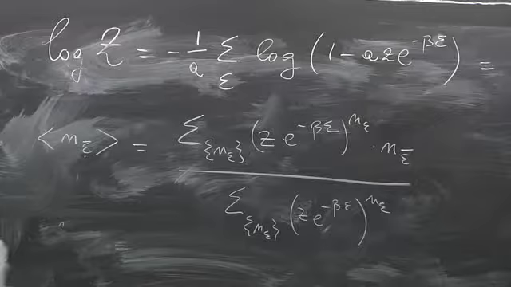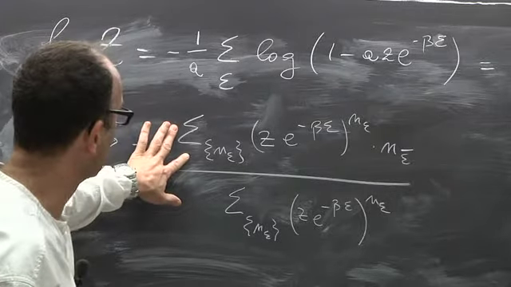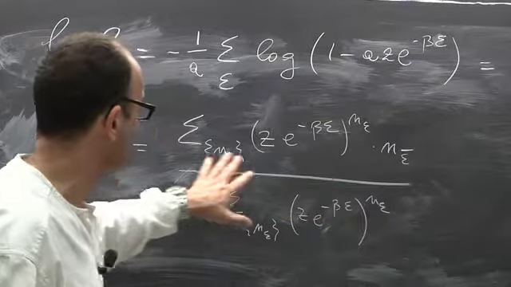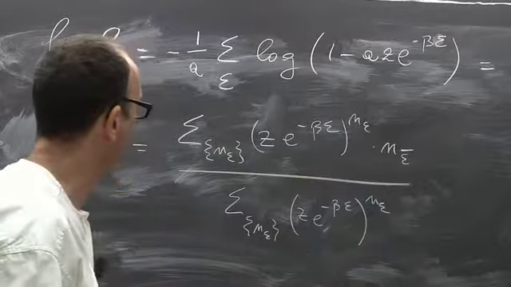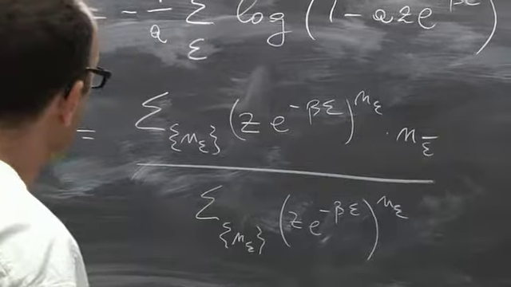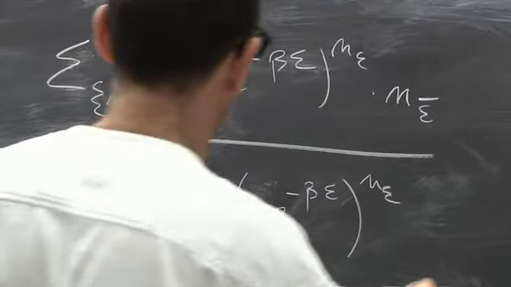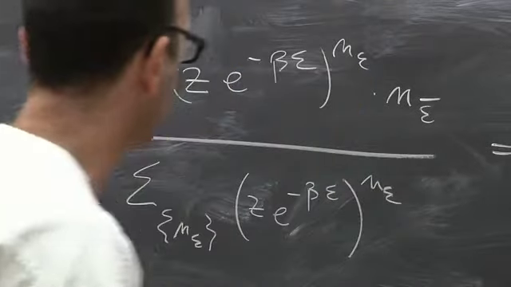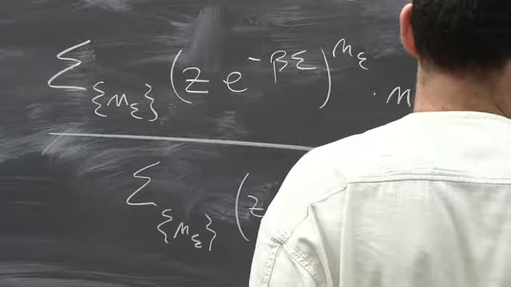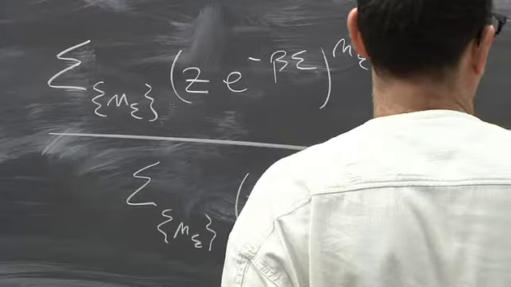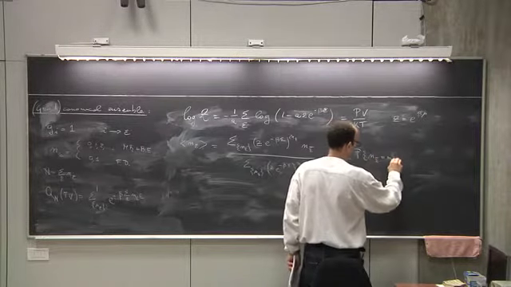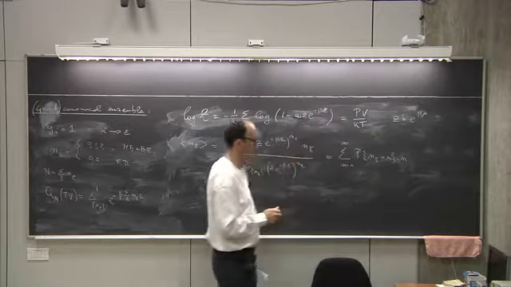Now you see all these sums here essentially factorize, so what you can read from here is that this essentially should be the sum over all the n from 0 to infinity of the probability that n epsilon is equal to n, times n.